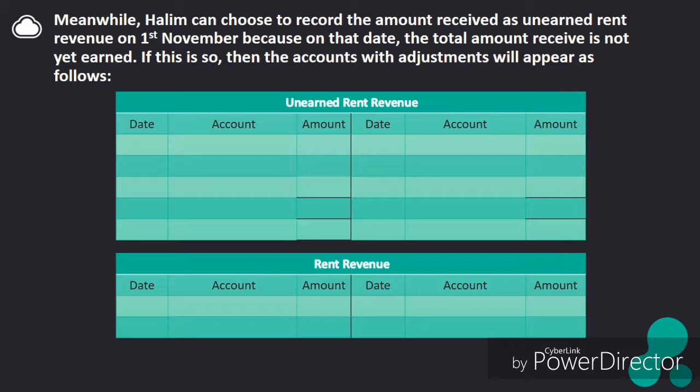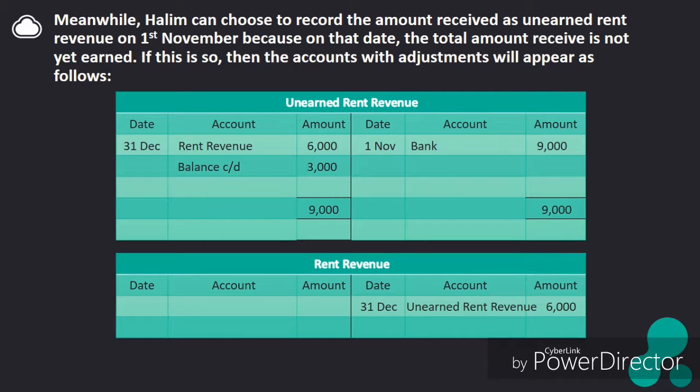So, for the second method, we will open unearned revenue account first. The payment that we receive on 1st November will be recorded on the credit side because it is a liability, so credit will increase. So, the payment that we receive from 1st November until 31st December is recorded as rent revenue on debit side, amount 6,000 ringgit.